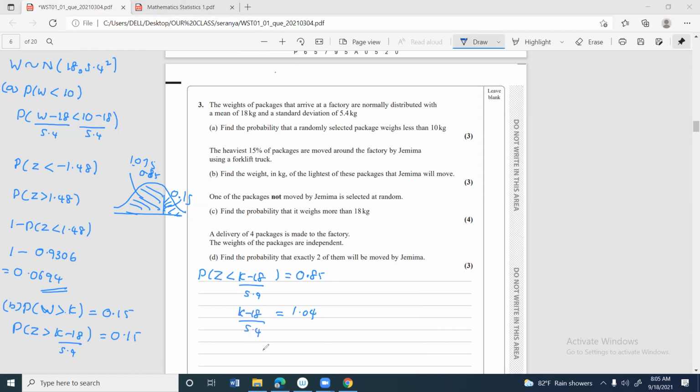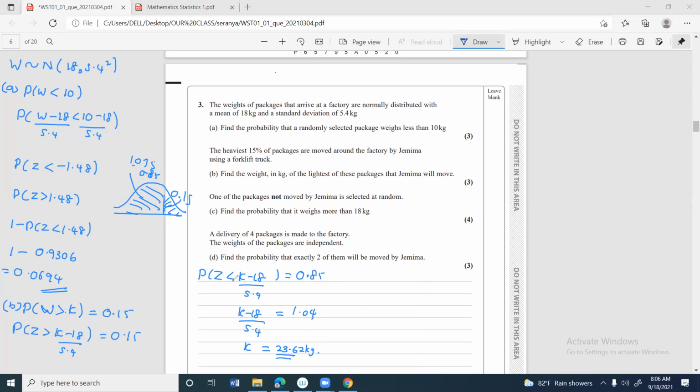With that, you can get the answer. K is 1.04 times 5.4 plus 18, which turns out to be 23.62 kilograms.